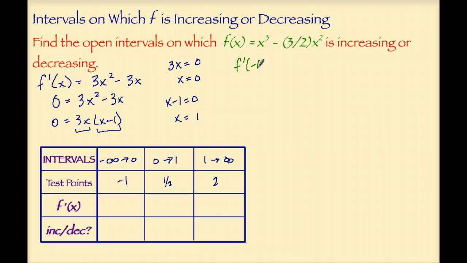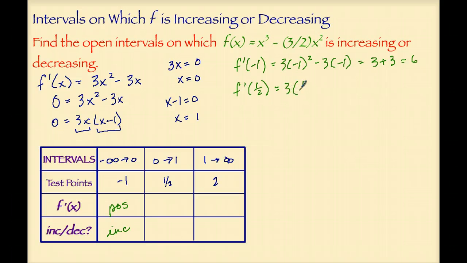F prime of -1 is going to be 3 times -1 squared minus 3 times -1. That ends up being 3 plus 3, which is 6. It doesn't so much matter what the number is. What's more important is that it's a positive number, which means the function is increasing on this interval. Now let's find the first derivative at 1/2.